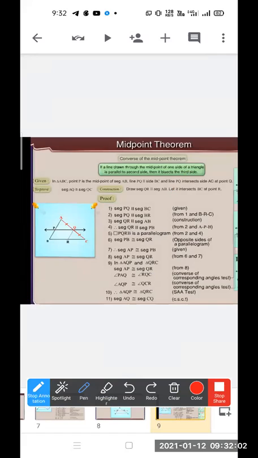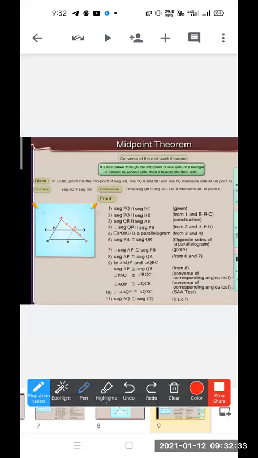Here PQ is parallel to segment BC, it is given. Now PQ is parallel to segment BR. And also QR is parallel to segment BP through construction, so QR is parallel to segment AB, or PB.